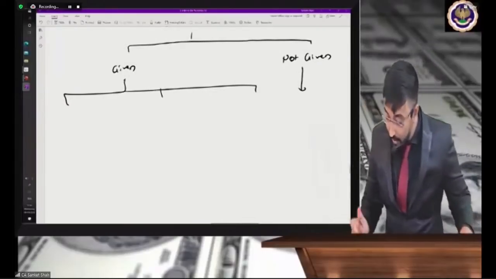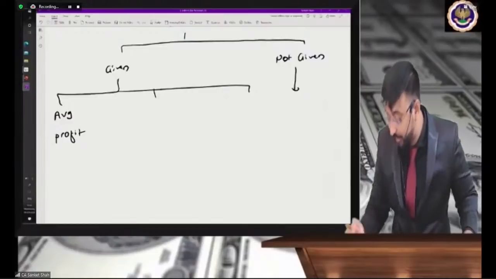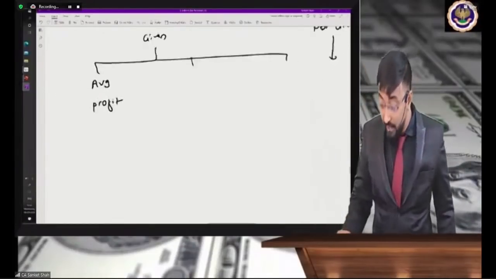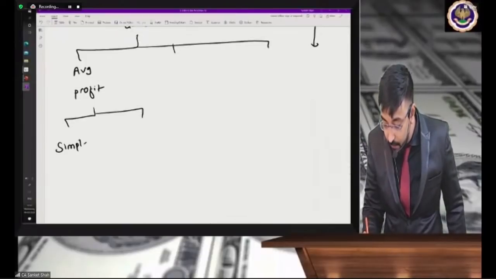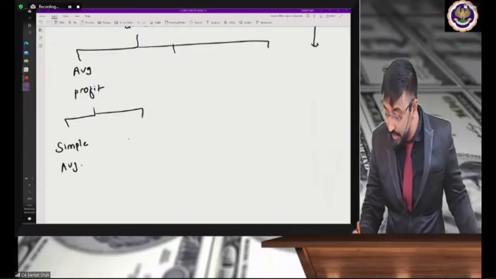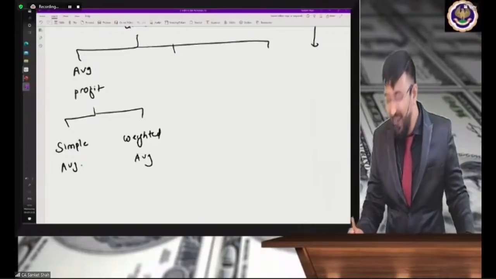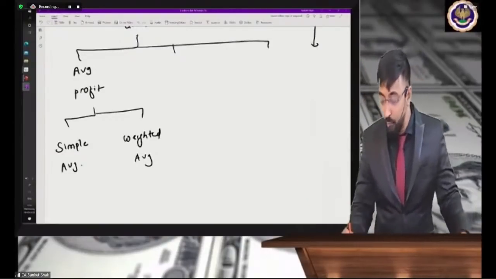Now given and not given, there is only one method in not given, and in given there are 3 methods. Number 1, average profit method. Now there are again 2 methods in this. One is simple average, and second one is weighted average. But I don't like this method. I'm telling you why I don't like this method, that I'm going to explain you.